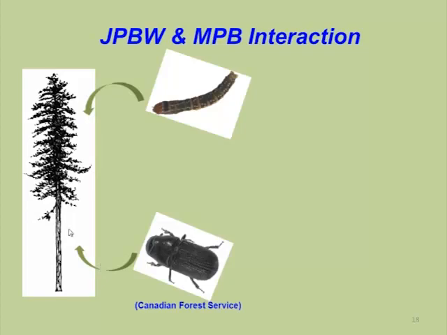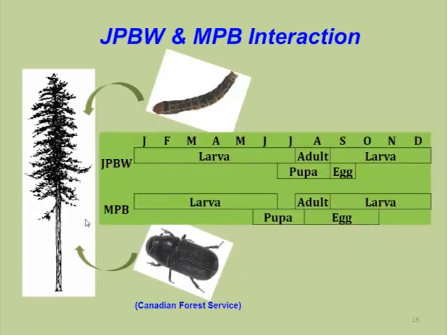Defoliators means that they feed on the foliage, like jack pine budworm, and the bark beetles attack the stem. When you look at their biology, it really overlaps. But this is the important part, I think.